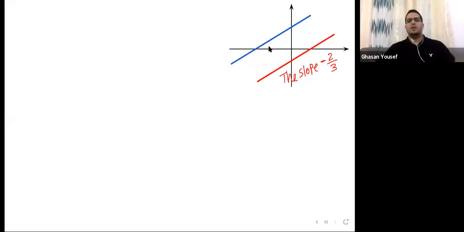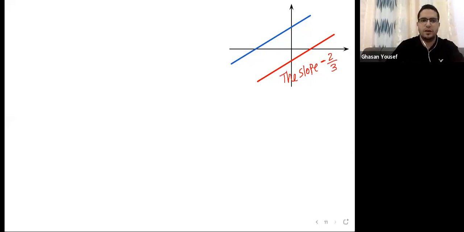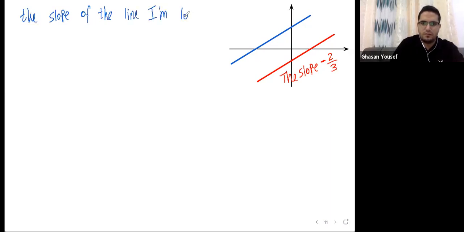Exactly, it is the same. So the slope of the line I'm looking for is minus 2 over 3.